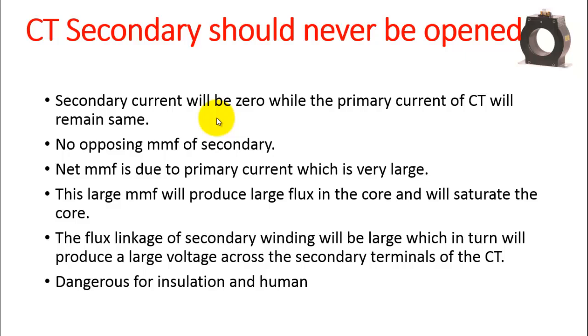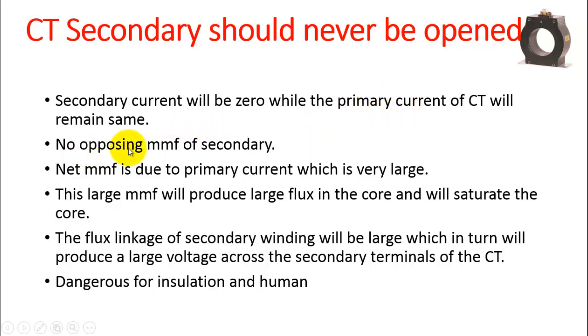The secondary of a current transformer should never be opened. And why is this so? It is because whenever the secondary is open, it means that secondary current will become zero, while there is still a primary current flowing in the primary circuit of the CT. So what happens in that case?